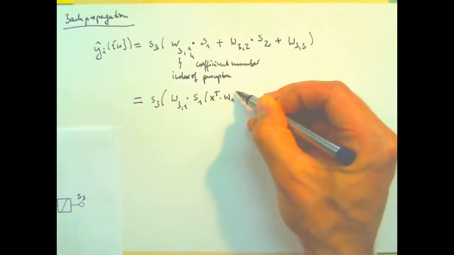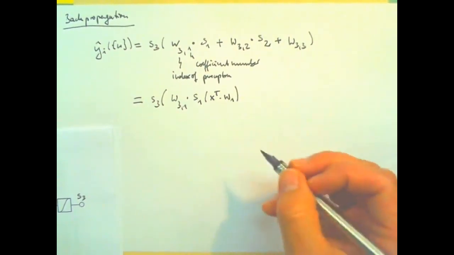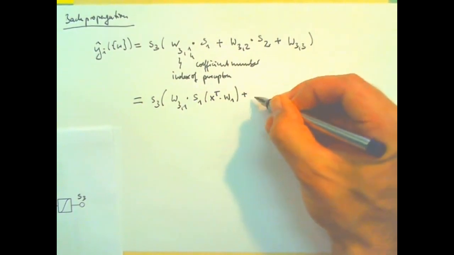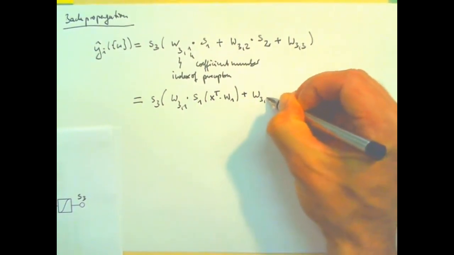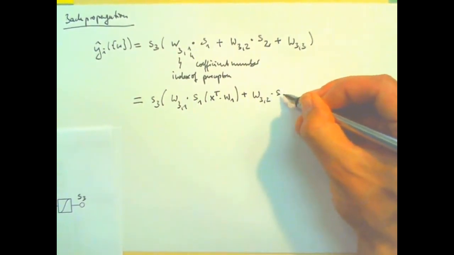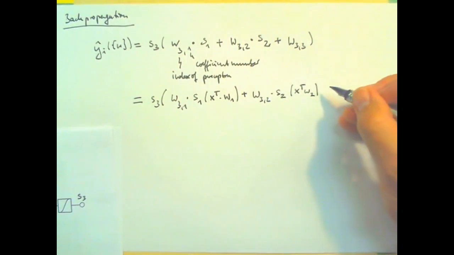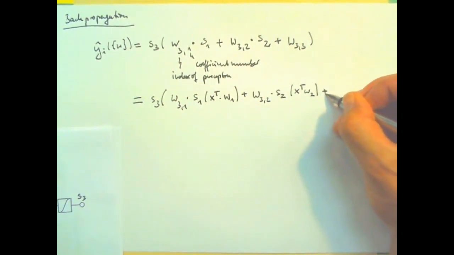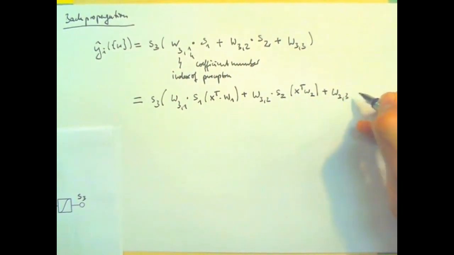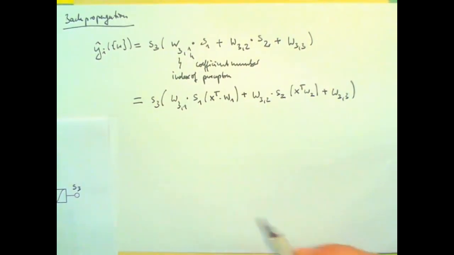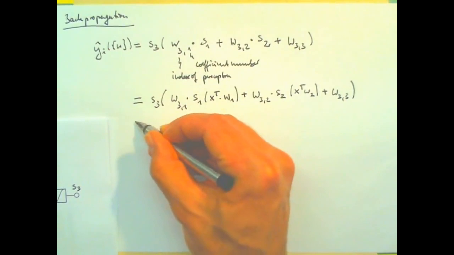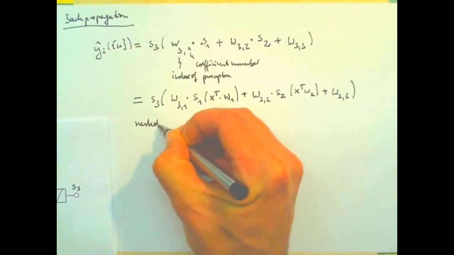Those were the parameters of the first perceptron, plus W3,2 times S2 of X transpose W2. So what we have here is a nested expression.